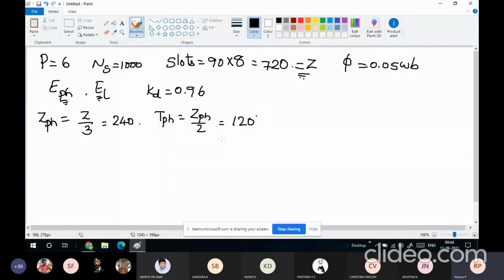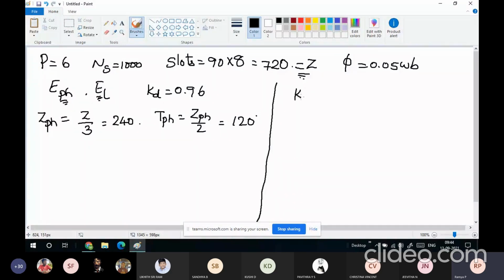Now, if the distribution factor is given as 0.96, let me check whether I am going to get 0.96 or not using this particular formula. So what is the formula for KD?